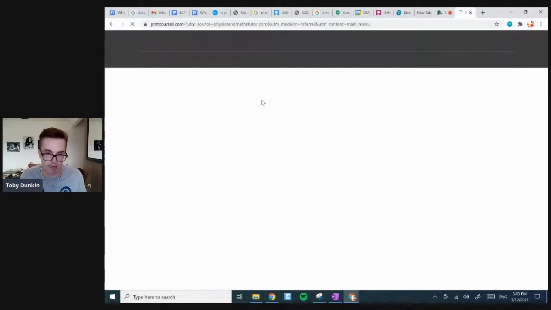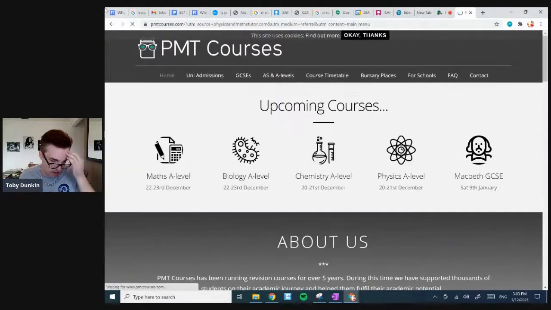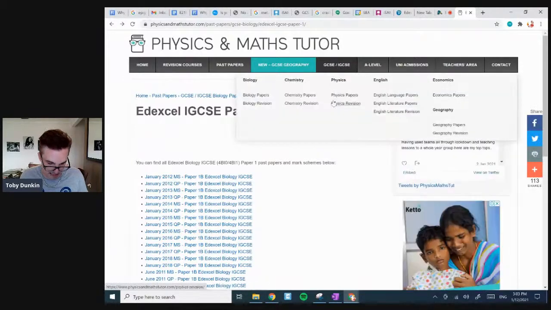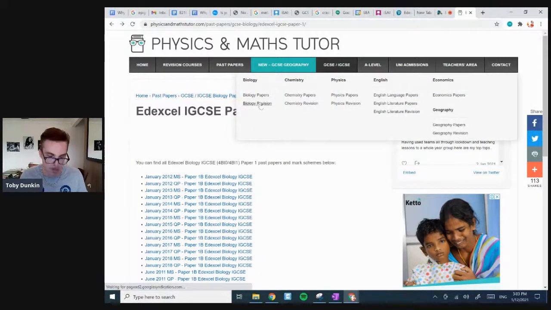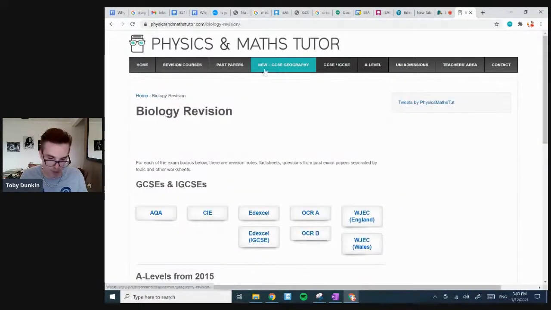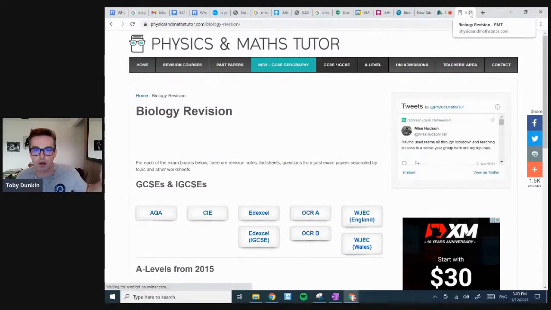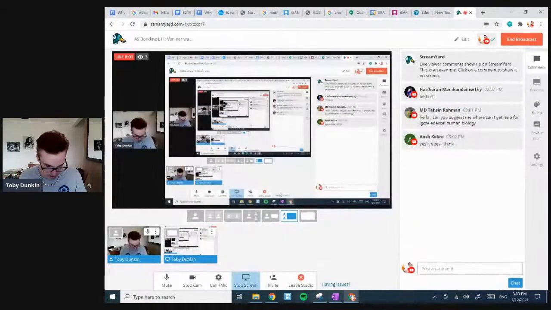Then you can go to biology and it should give you some notes. Ignore the courses bit. Just go onto the Physics and Maths Tutor website, hold your mouse over the GCSE bit, this will pop down, then go to biology revision, and then you should be able to select human biology. I hope you find that helpful. You can have a look at some revision notes plus some exam style questions by topic. Hopefully you'll be able to find human biology in there.